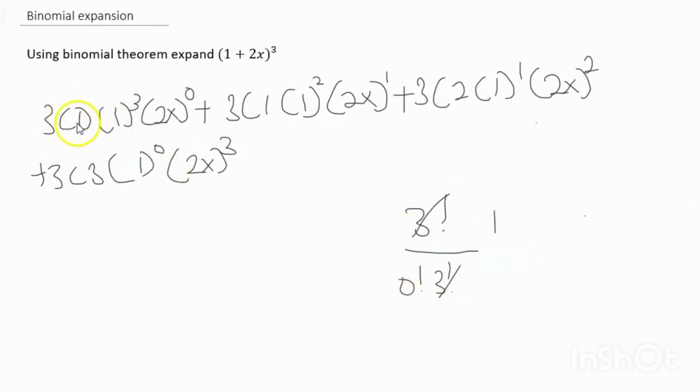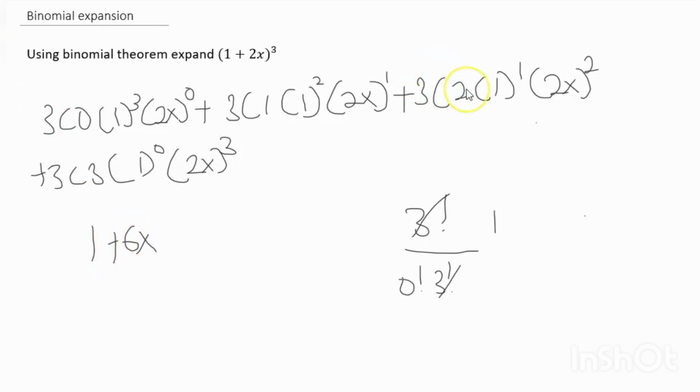Alright, so 3 combination 0 is 1. 1 multiplied by 1 to the power of 3 is 1. And 2x to the power of 0 is 1. So we have 1. Okay, so 3 combination 1. 3 combination 1 would be 3. 3 multiplied by 1 squared is still 3. Then 3 multiplied by 2x is 6x. Okay, so we have 6x.